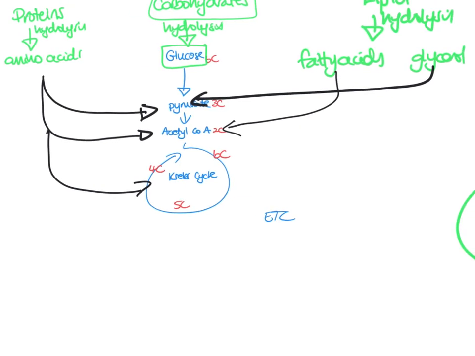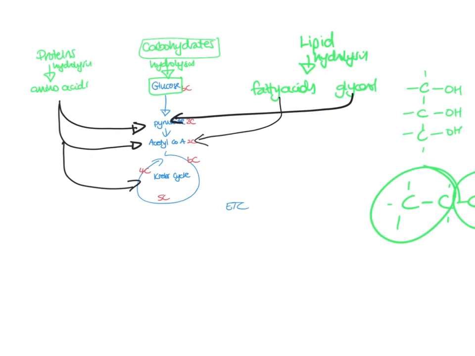So if you had a lipid, it's going to have 3 fatty acids. And each of those fatty acids might be broken into 7 units or 8 units. In other words, it's going to go around the Krebs cycle 7 times or 8 times. And you've got the glycerol, which is going to go in at the pyruvate stage.